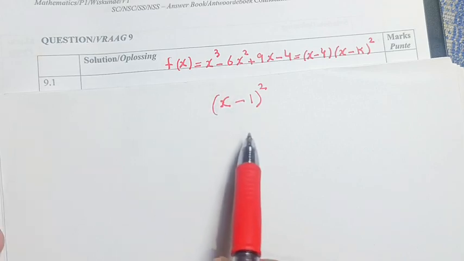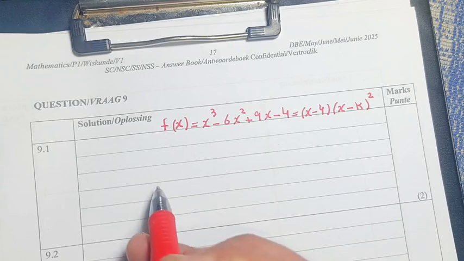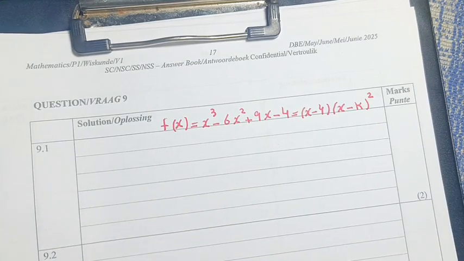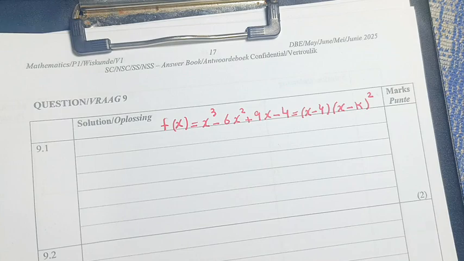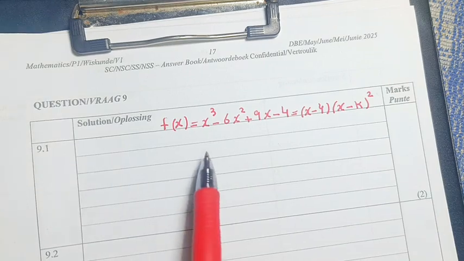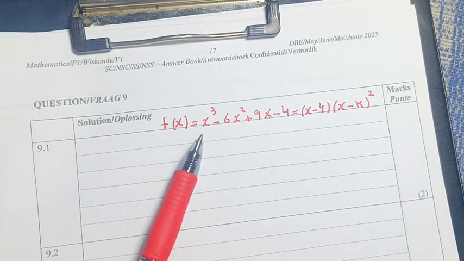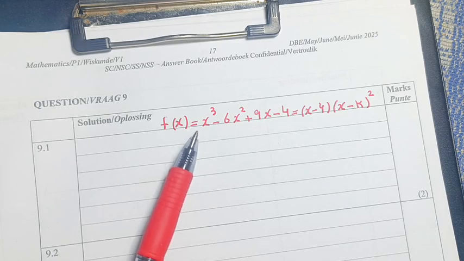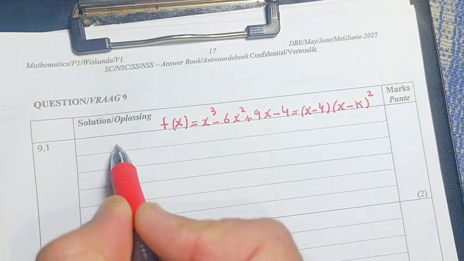Now we're going to apply the factor theorem here. If I say f of 1, he already gave you that 1 is the factor, so if I substitute x equal to 1 here, the answer must come equal to 0. Then x equal to 1 is a factor of this cubic equation. So now f of 1.